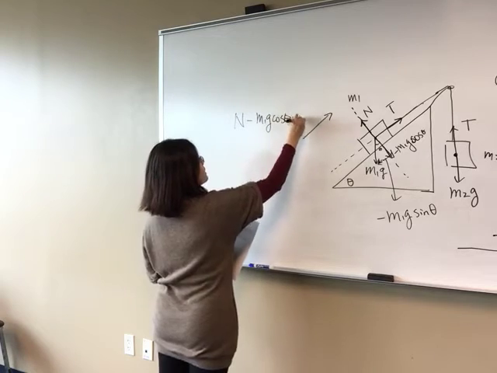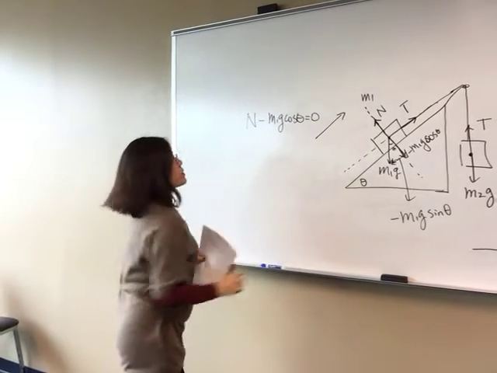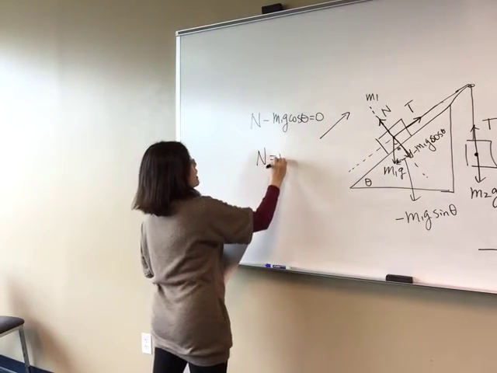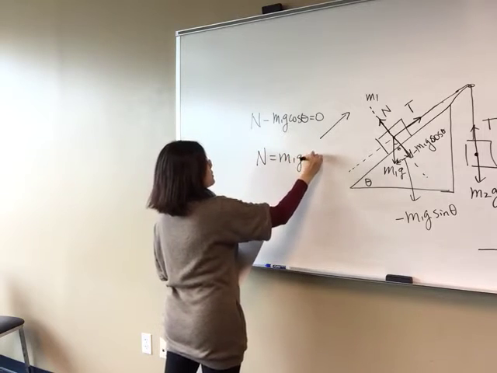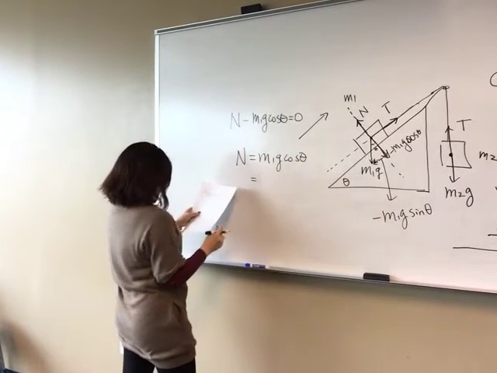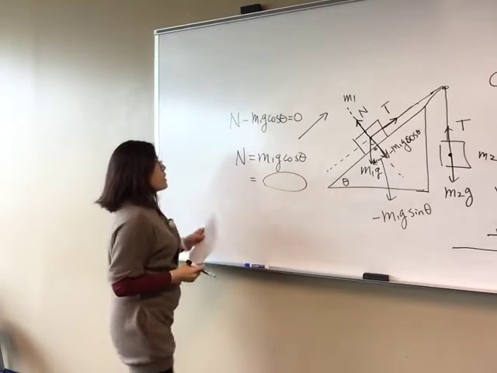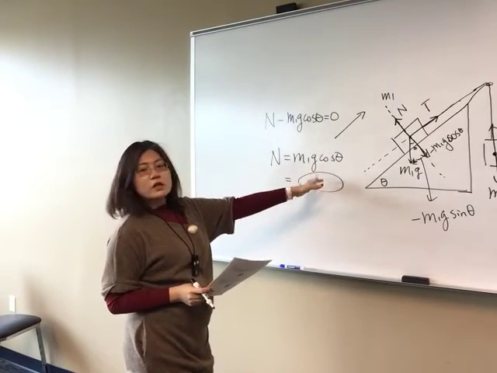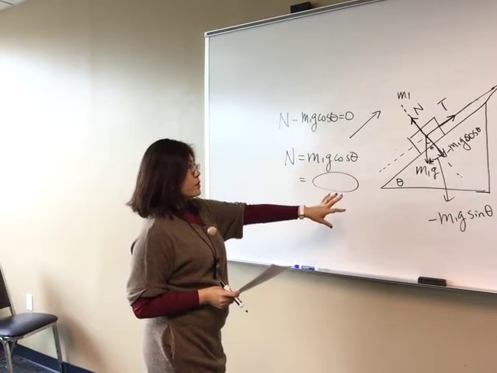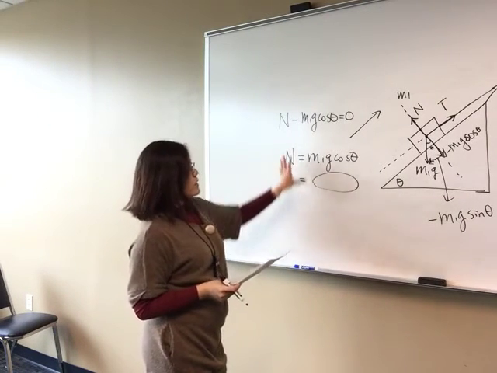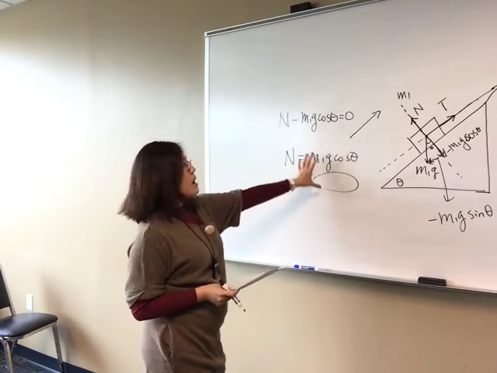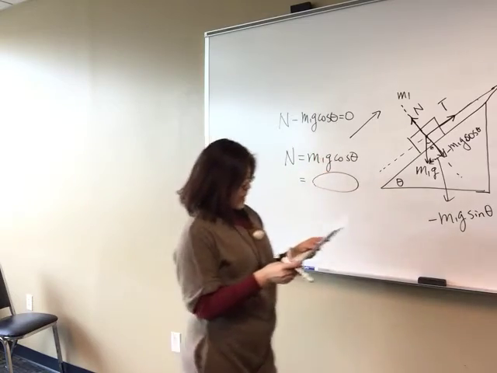The whole thing is not moving, so it's set equal to 0. So your N value is just m1g cosine theta. I didn't calculate the value, but you have your m1, you have your g, you have the cosine 30, so you can quickly calculate that value. This just tells you how to find the normal force based on this diagram.